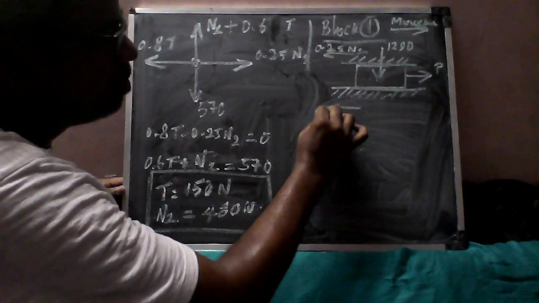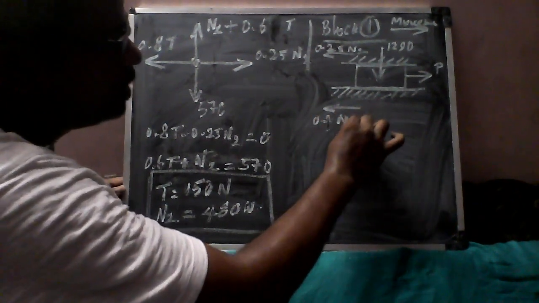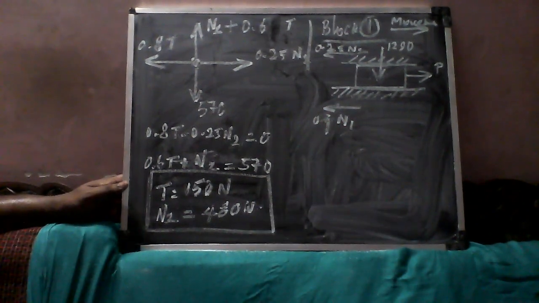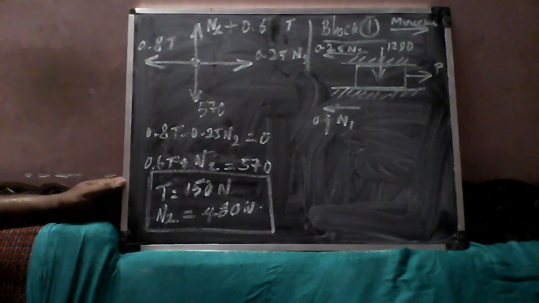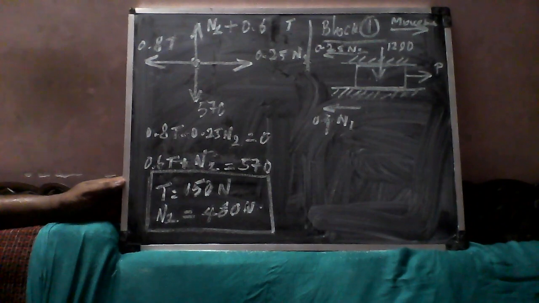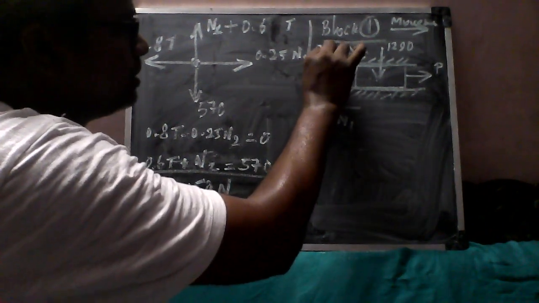This is 0.4 N1. So how do I find out this 0.25 N2? N2 you already know, this is 480. 0.25 N2 will be 120.